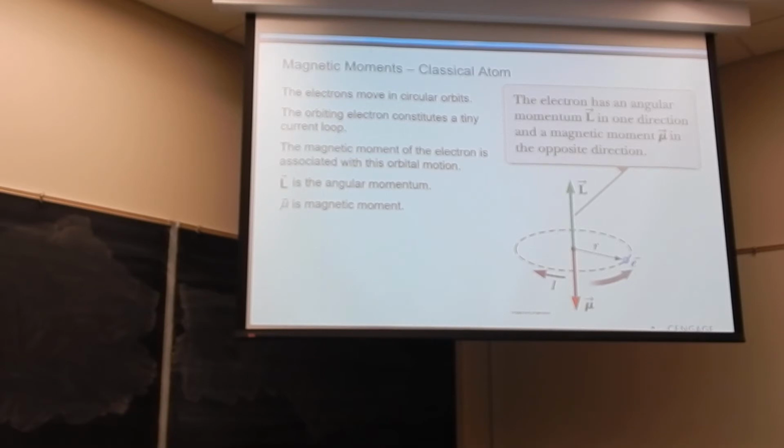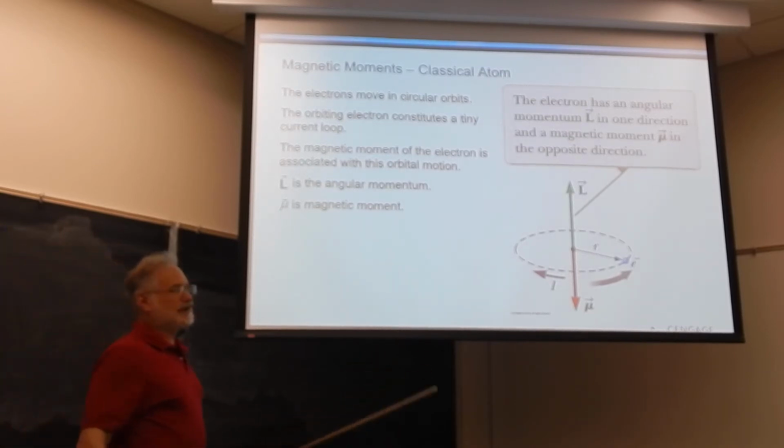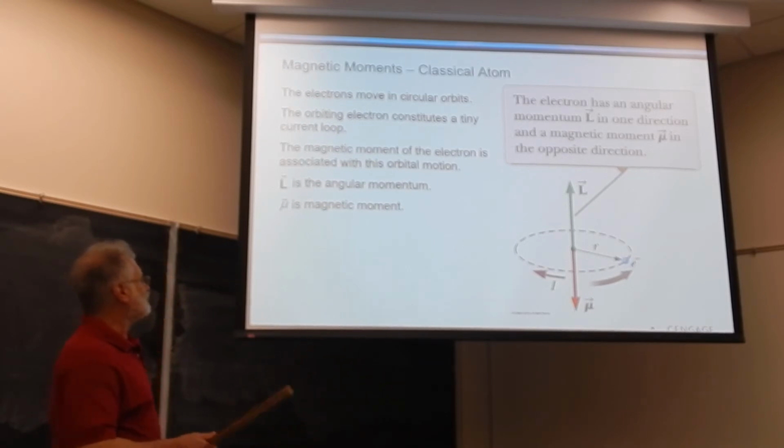So in the classical atom, we have the following explanation. This is not really correct, but we'll just use it for now. Electrons moving in circular orbits, the planetary model of the atom is not correct, but we can use it as sort of a rough model for at least our purposes right now.